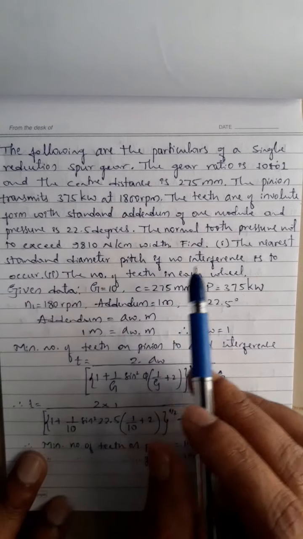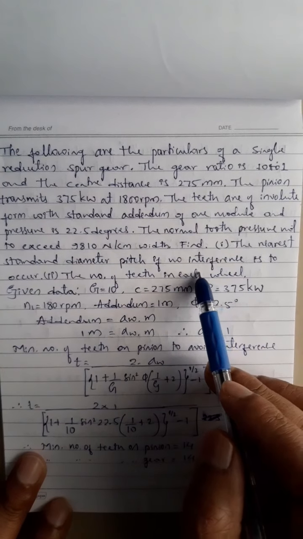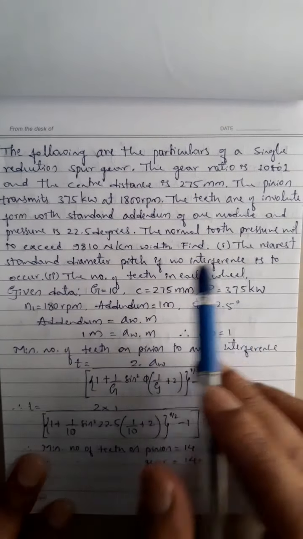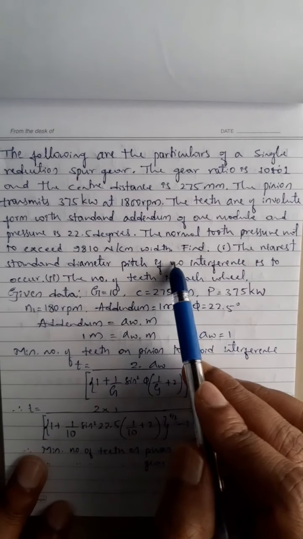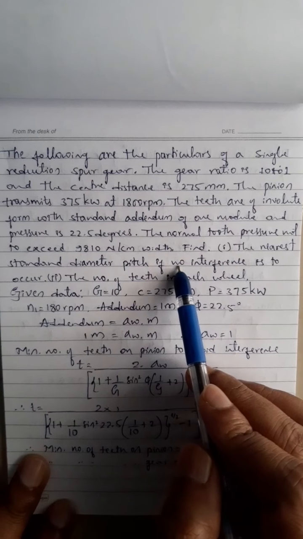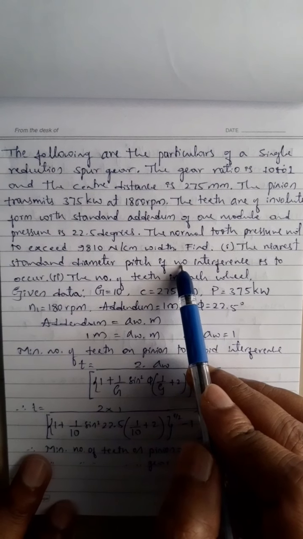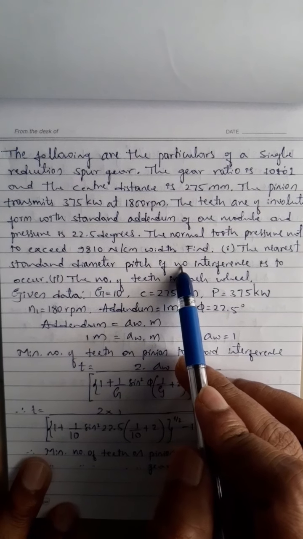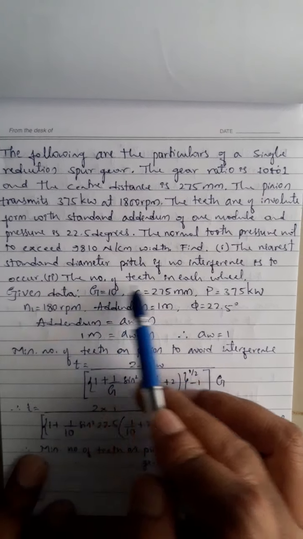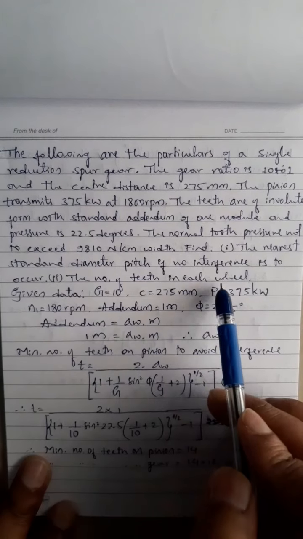In the given problem, the two parameters they have asked to find: the nearest standard diameter pitch if no interference is to occur. To find this data, first we have to find the number of teeth on pinion and gear to avoid the interference. That is the same thing they have asked in the second one, the number of teeth in each wheel.